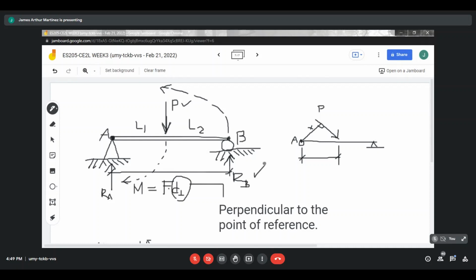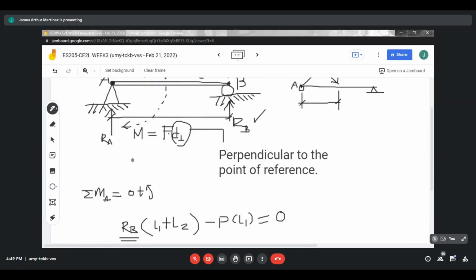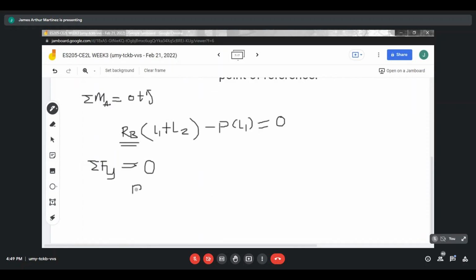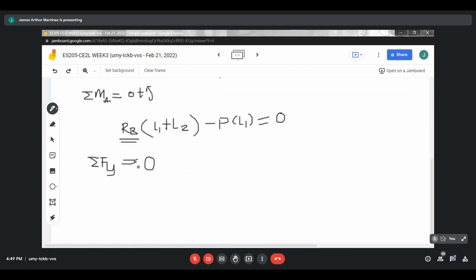What forces are acting on the y-axis? P, RB as well as RA. So if P is given and you got RB, and you take summation of forces on the y-axis equal to zero, then you get RA, because it is the only unknown left in your equation. That is the concept. So why do we equate it to zero? Because again, these are the equations of static equilibrium, meaning our system must be in equilibrium.